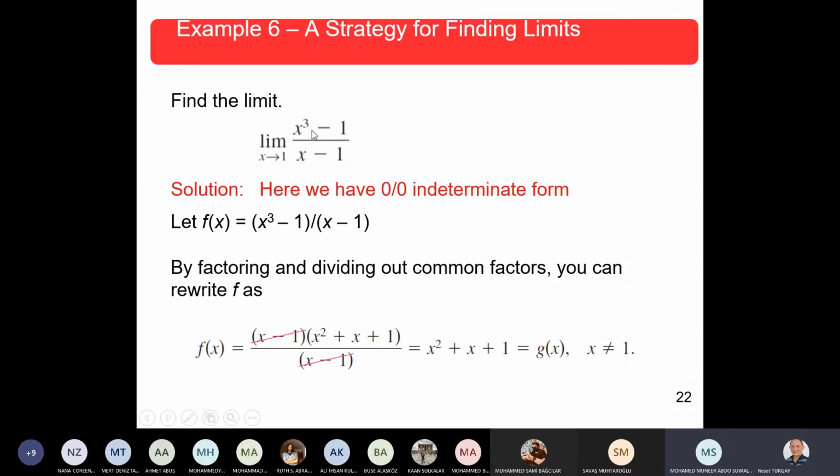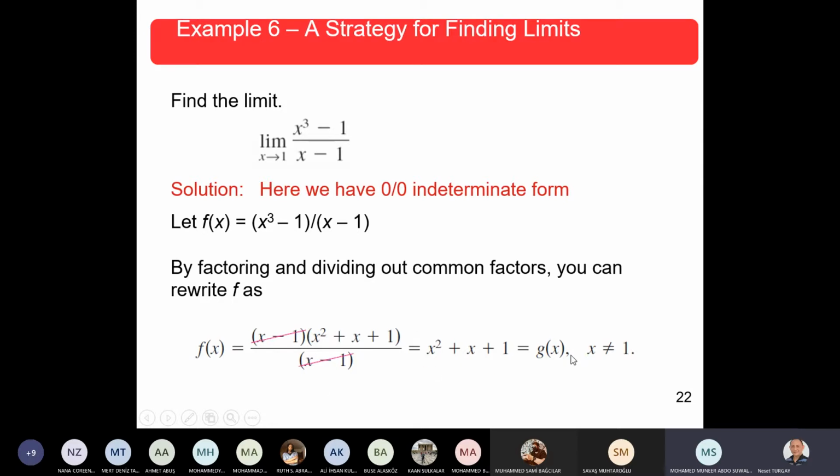You look at your function more carefully, and you see that in the numerator you have an expression that you can factorize. When you do this, this x minus 1 simplifies with this term.